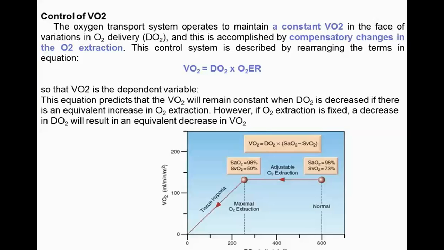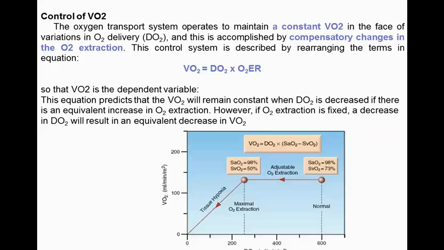Once you decrease the oxygen delivery, it becomes 500, 400, 300. What about the oxygen uptake? Decreased, increased, or constant?